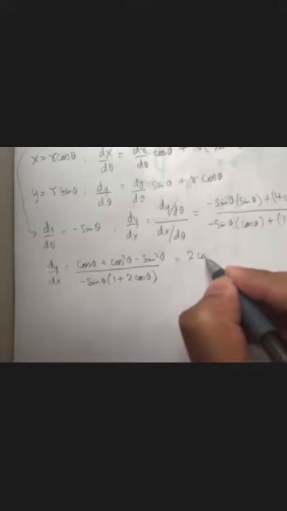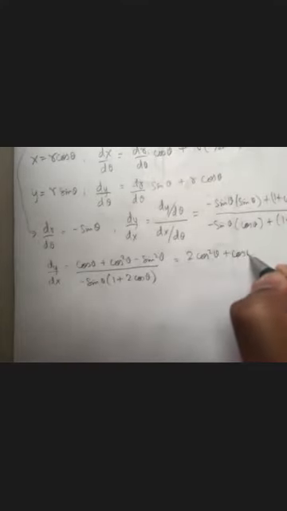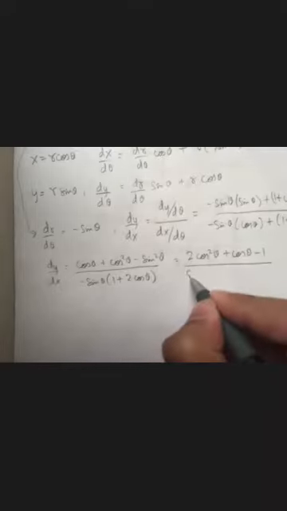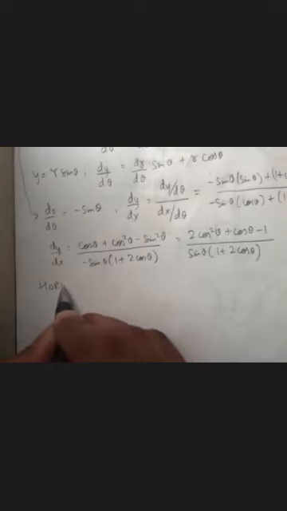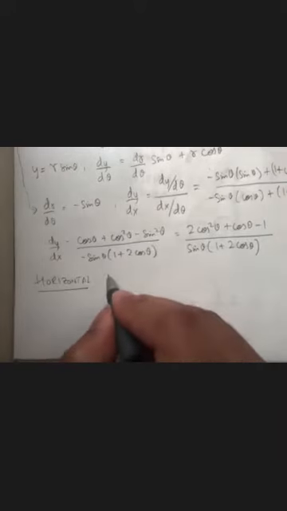So we get this, this is dy over dx. Now the question is we have to find at what angles this is vertical and for what angles this is horizontal. So horizontal means numerator is 0.